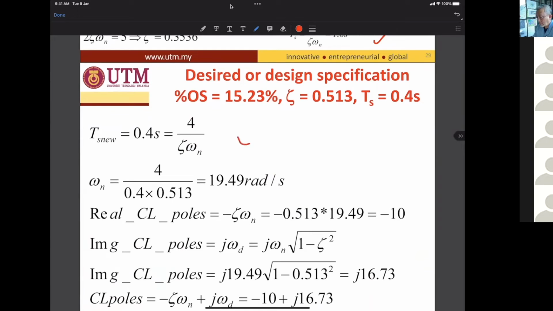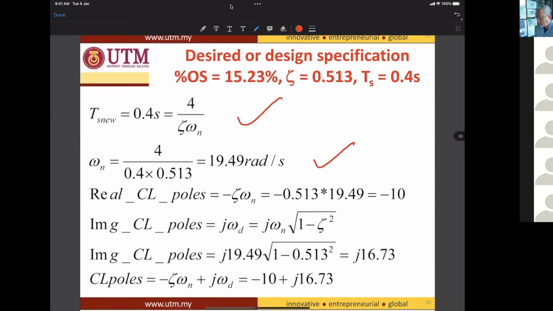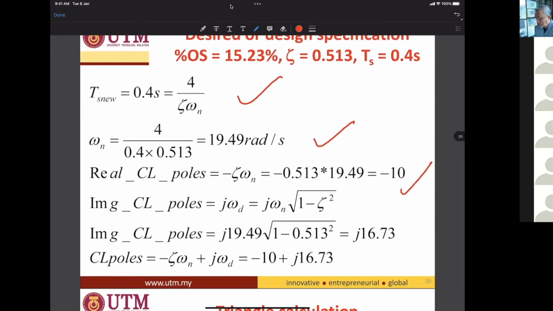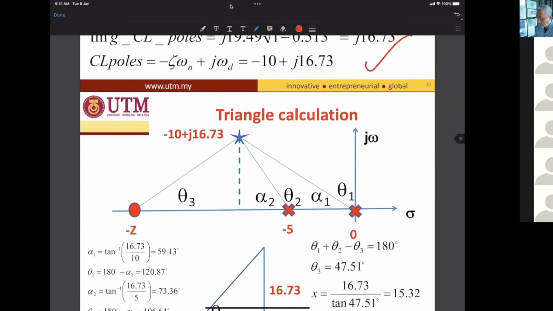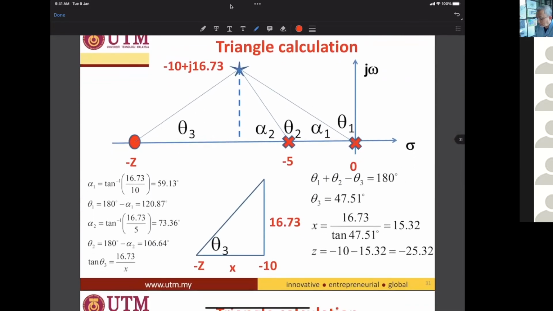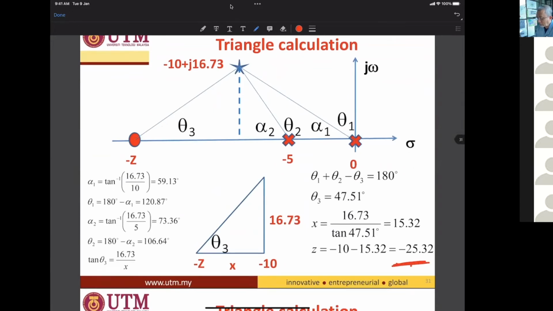Okay, so the new one is 0.4 seconds, omega n 19.49. So kita multiply dapat minus 10, then omega d 16.73. Then the triangle will be like this to get the 25.32, the zero value. Okay, gunakan triangle.